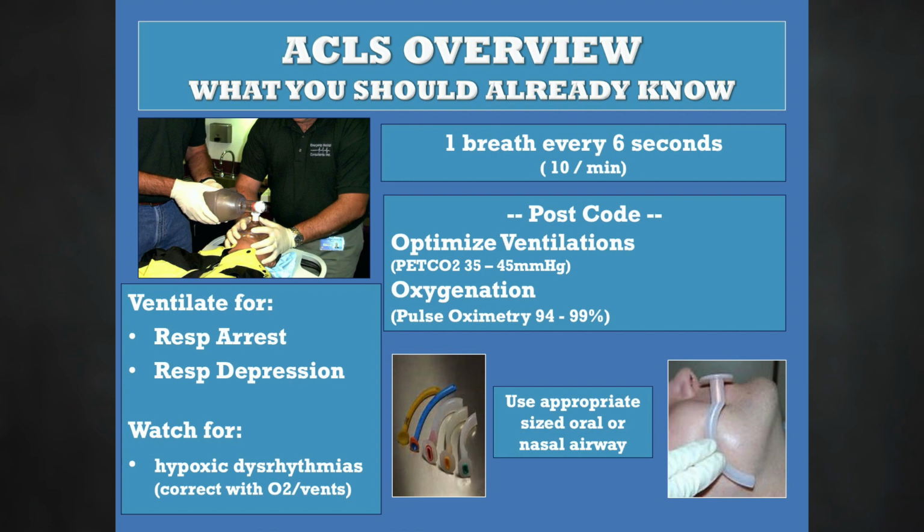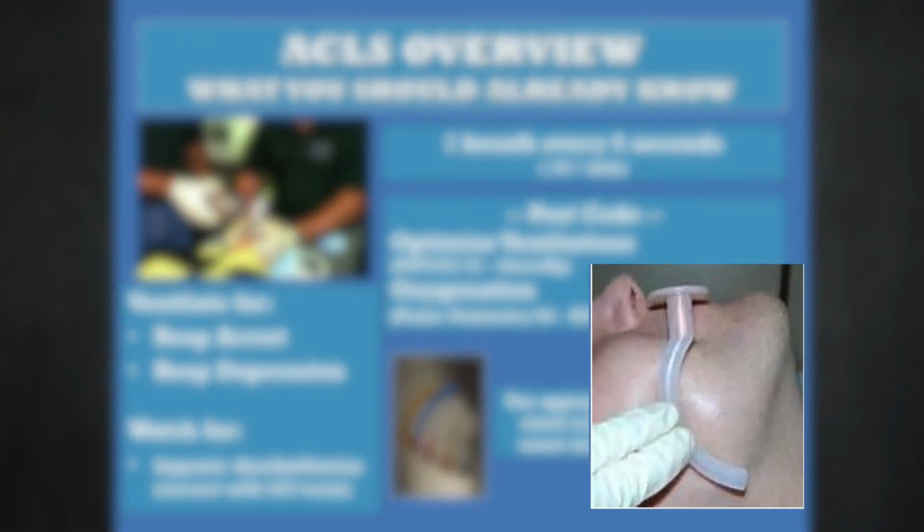If we are ventilating a patient with a bag valve mask, we should probably put an oral pharyngeal airway into them. The oral pharyngeal airway just sits behind the tongue and keeps the tongue from falling back in the posterior pharynx. If we're able to use one because we have one in our unit or area, it's measured from the angle of the jaw to the corner of the mouth.